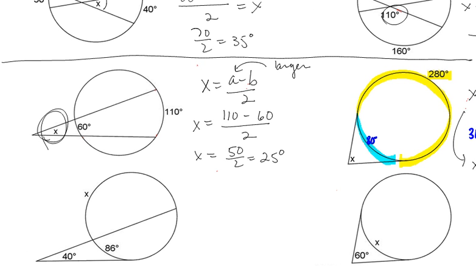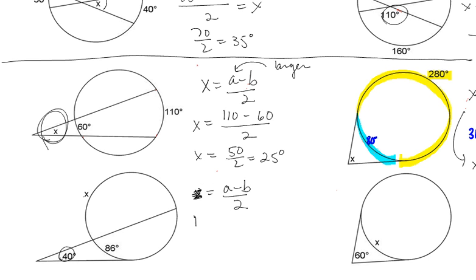Bottom left, this time we have a tangent and a secant. This one's a little bit more complex. Let's see. Our formula is a minus b over 2, but of course the x in the formula is not the x in this diagram, so it's a little bit confusing.